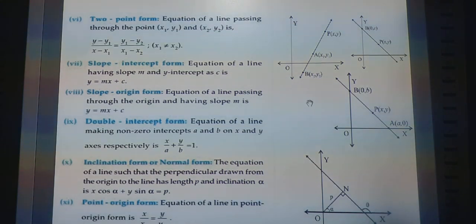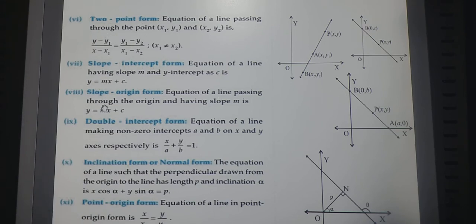So if we calculate the slope of AB, slope of AP, slope of BP, then, as all the points lie on the same line, their slopes are equal. From that we write (y minus y1) upon (x minus x1) equals (y1 minus y2) upon (x1 minus x2). This is the two-point form.